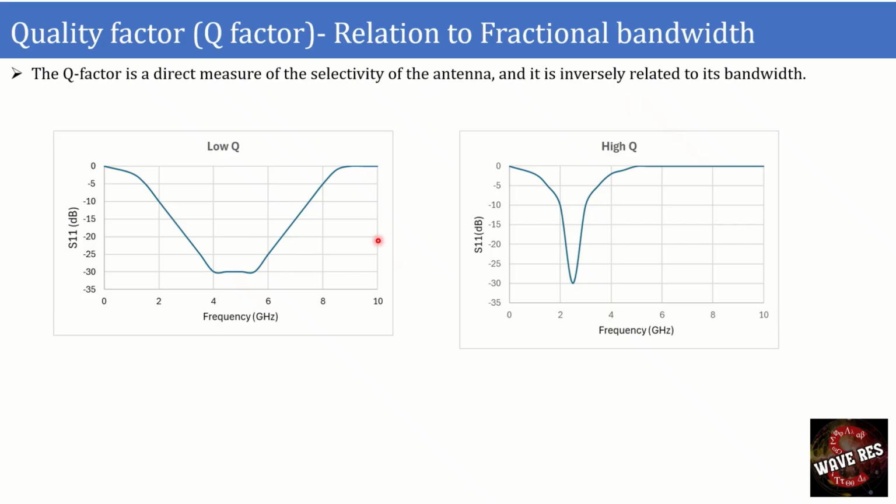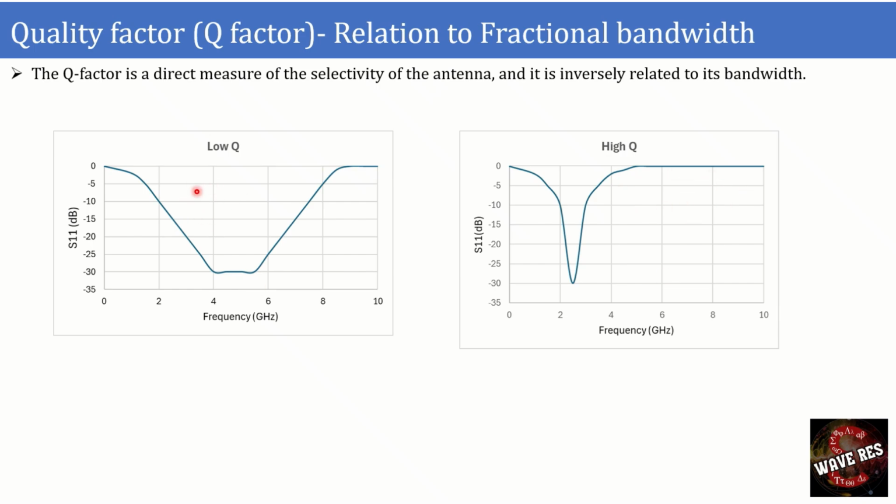So we saw that the quality factor is inversely proportional to the bandwidth. If you have a very high bandwidth, here you can see that bandwidth is ranging from 2 to 7 gigahertz, so it has a low Q system. And in this case, the bandwidth is very narrow, so it has a very high Q system. That means the frequency selectivity in this system is very high and the energy is stored at other non-resonant frequencies.